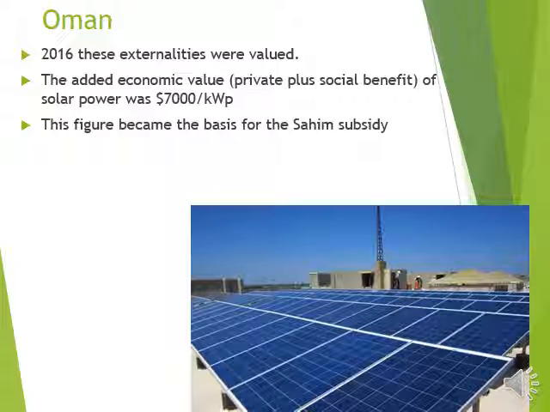And this figure basically became the basis of the Saham subsidy. And I'm really glad they took my recommendation. Basically, the government said if anyone wants solar panels, we're going to pay about 75% of the cost, because it cost a fair amount.